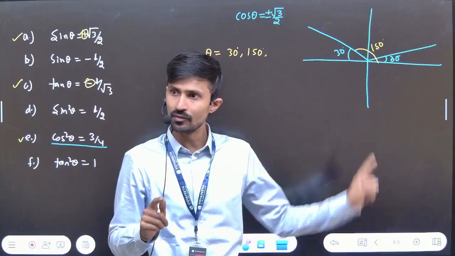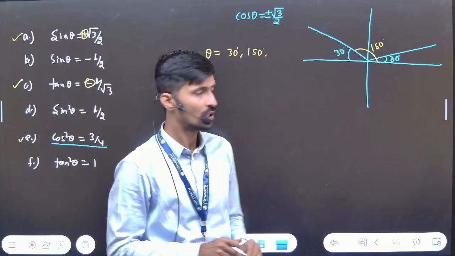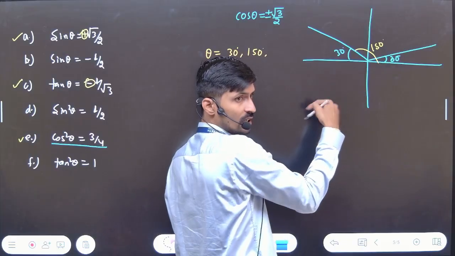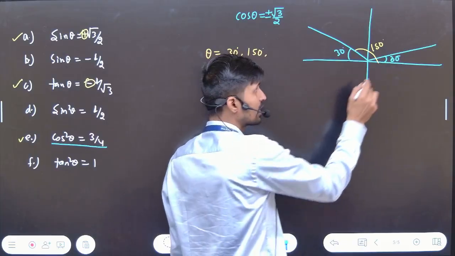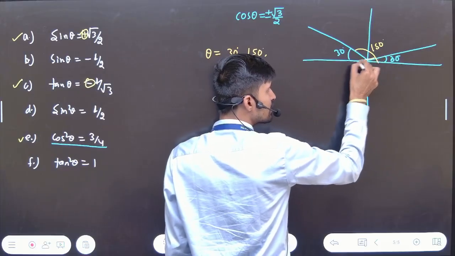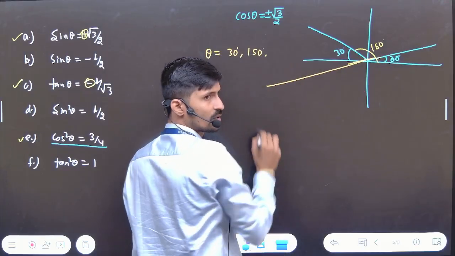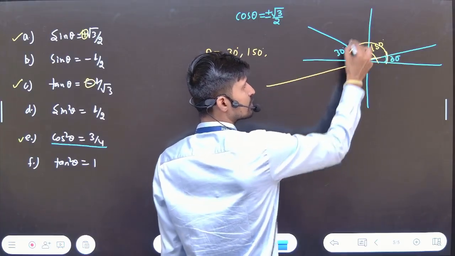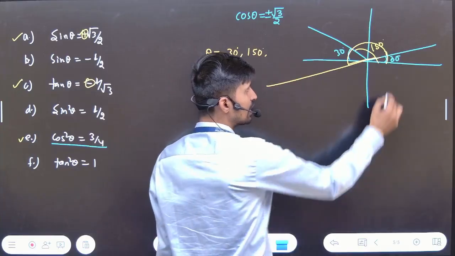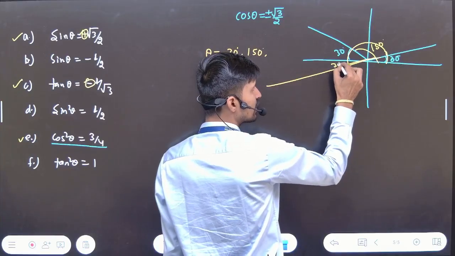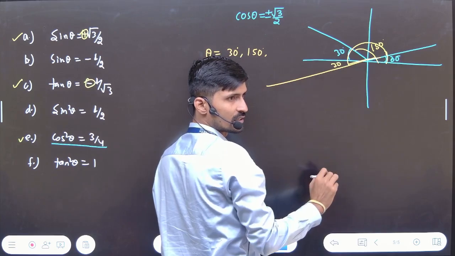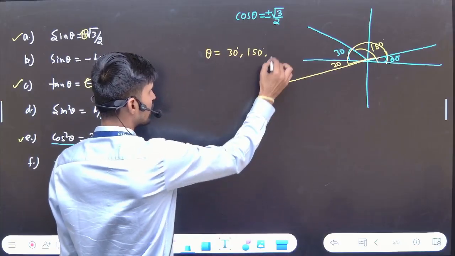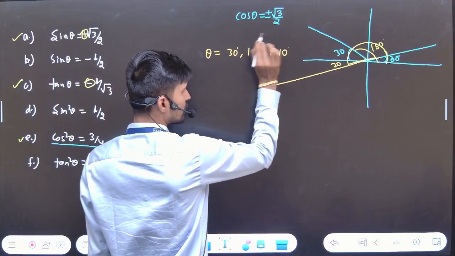So see, this is 30 degree. Now how will we find the angle in the third quadrant? This line is there, simply extend that line into the third quadrant and find this whole angle. So tell me, this is 30 degree. This will also be 30 degree, the vertically opposite angle. And this is 180 degree. 180 plus 30 is 210 degree. So you got 210 degree.